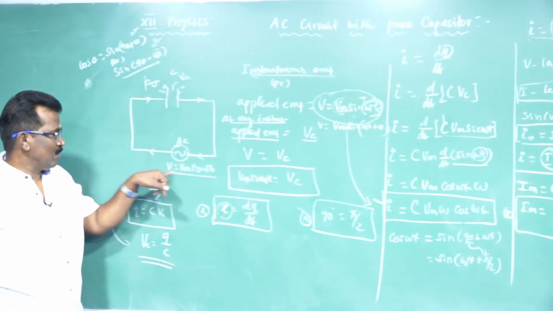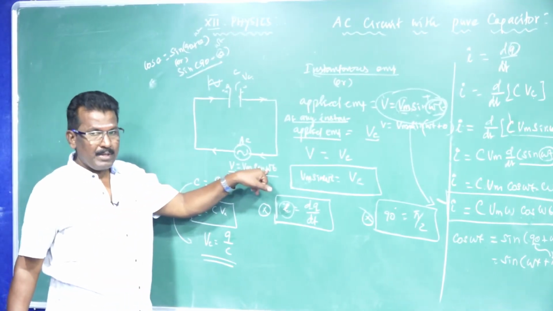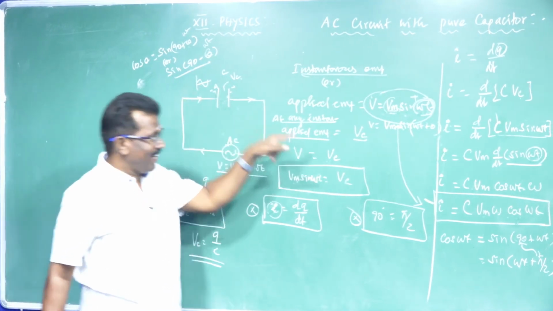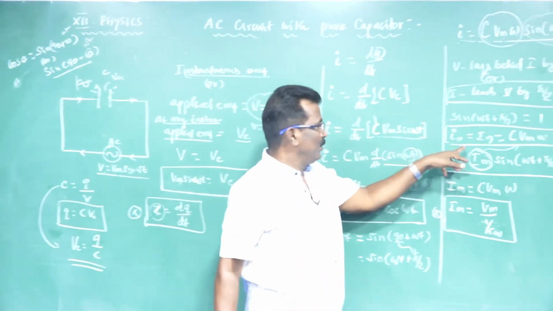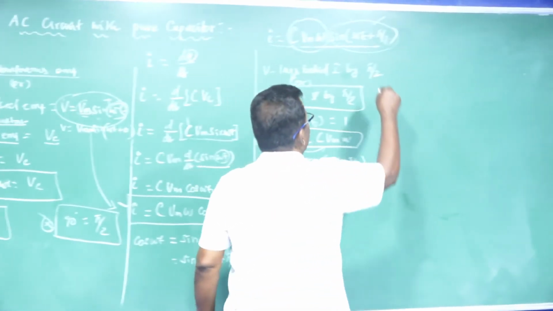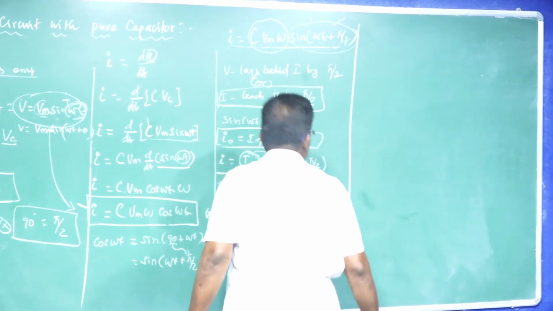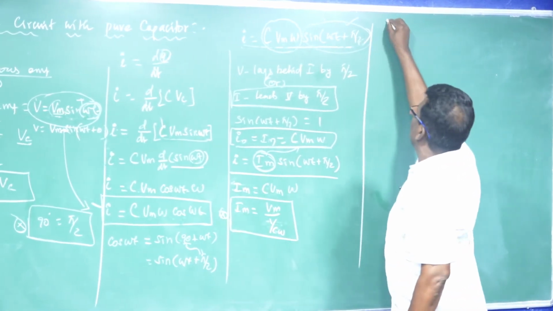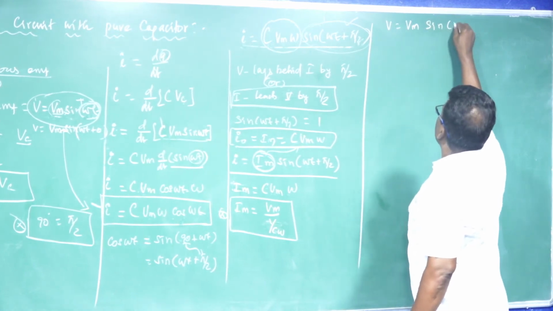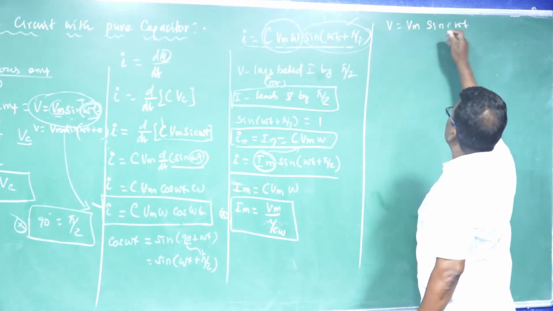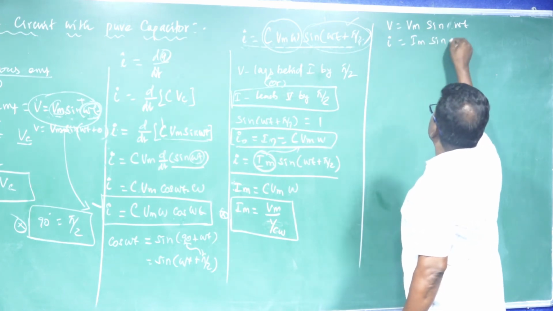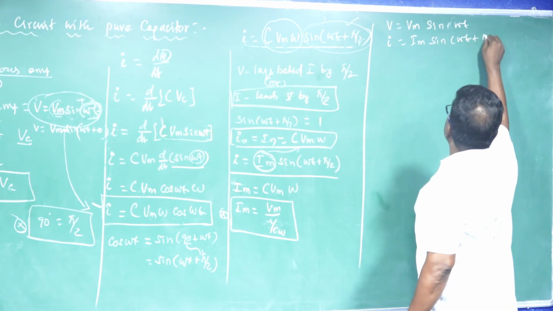Applied EMF V is equal to Vm sin omega t. That is the instantaneous EMF. Instantaneous current I is equal to Im sin omega t plus pi by 2.